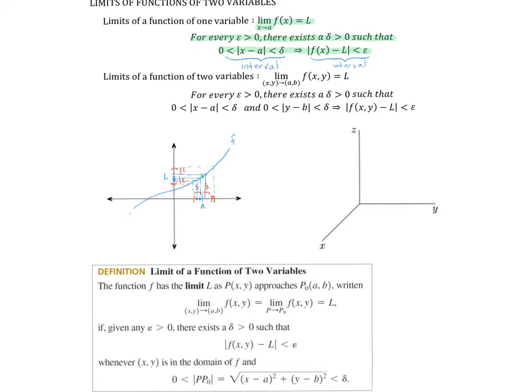So it's just about finding these intervals. If you can find the interval for every epsilon, then that limit exists.